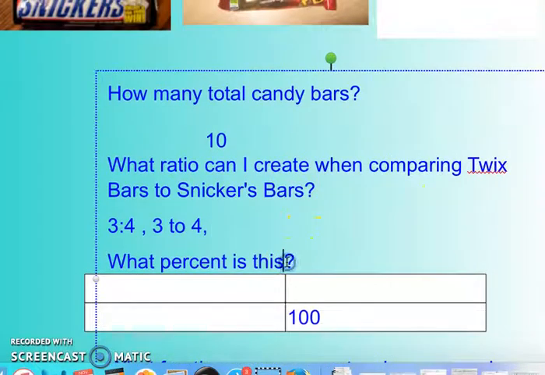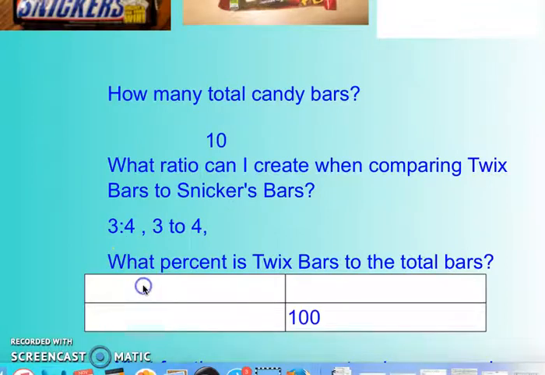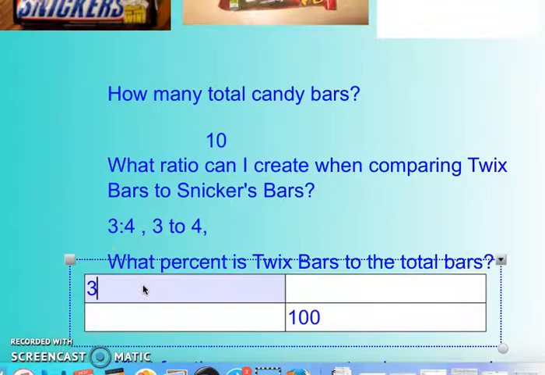What percent is, how about Twix bars to the total bars? How many Twix bars again? 3, and so that's going to be our part, so we put that on top. 3 Twix bars to how many total?